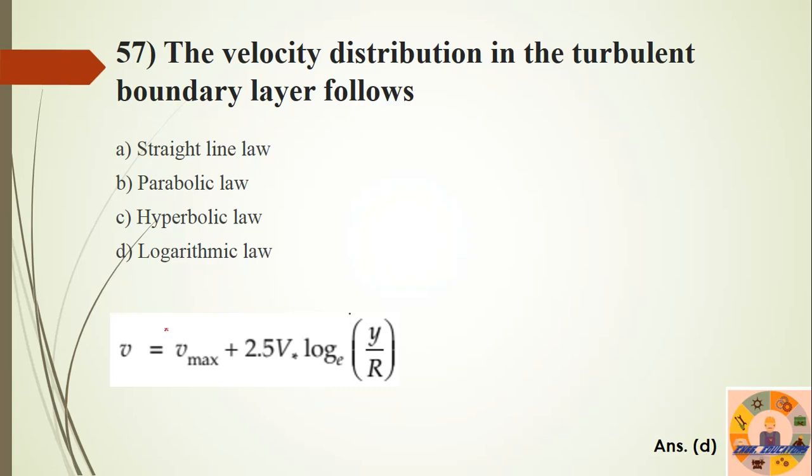The next question is the velocity distribution in the turbulent boundary layer follows, and the options are straight line law, parabolic law, hyperbolic law, or logarithmic law. The right answer for this question is option D, logarithmic law. So it is the velocity distribution for turbulent flow, turbulent boundary layer.